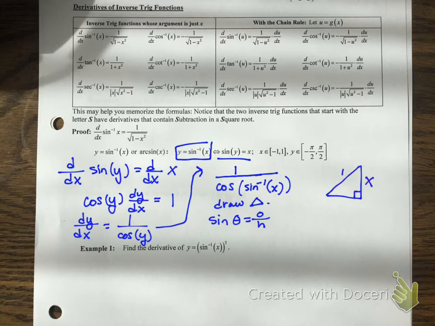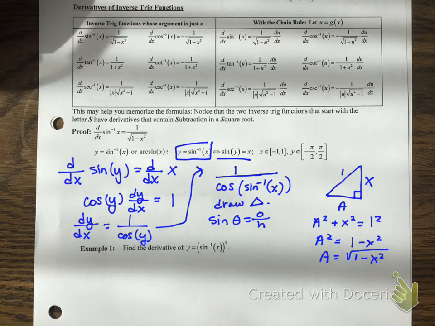Okay, so here's x over here. I'm looking for side A. What is side A? So I get a squared plus x squared equals 1 squared. So a squared equals 1 minus x squared. A equals the square root of 1 minus x squared. Okay?